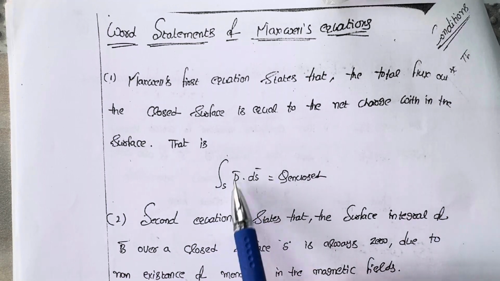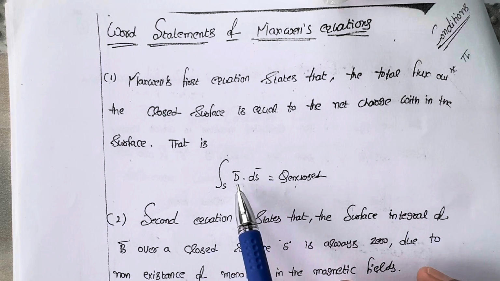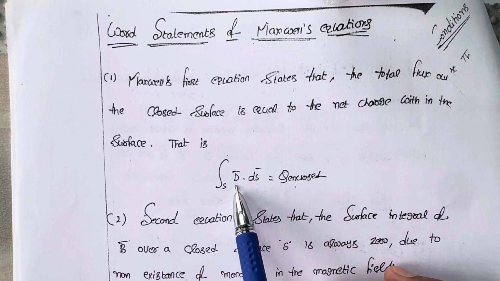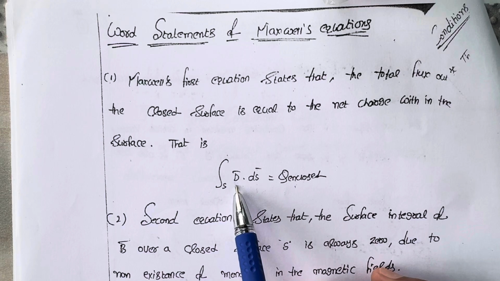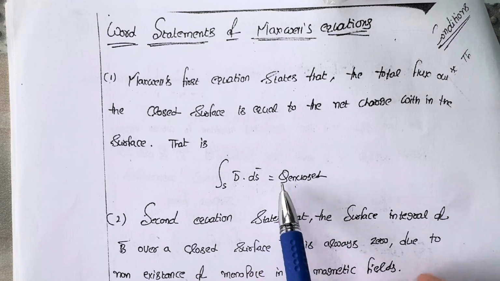That means surface integral of D bar dot dS bar equal to Q enclosed. Here D bar is the electric flux density. This over the surface value gives us the enclosed value.